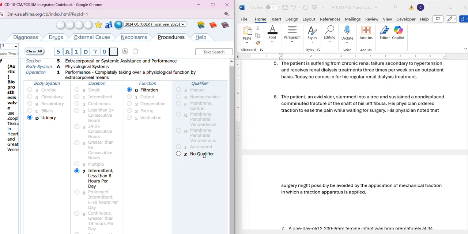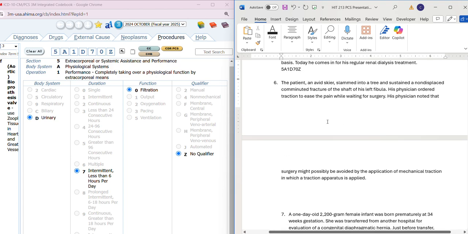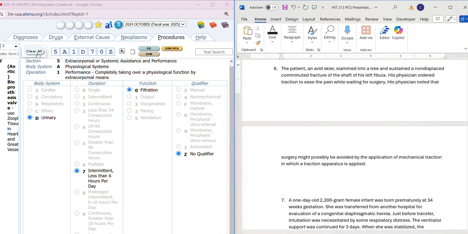And there are no qualifiers, so the last character is going to be Z. So the PCS code for number 5 is going to be 5, A as in apple, 1, D as in David, 7, 0, Z as in zebra. Okay, going on to number 6.